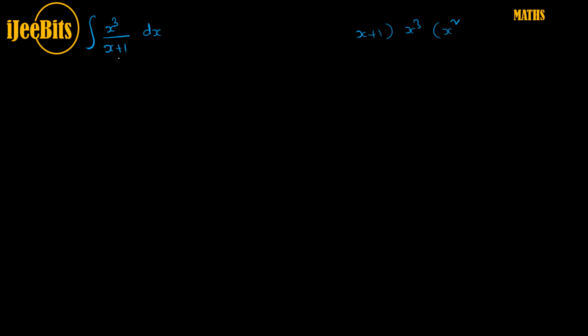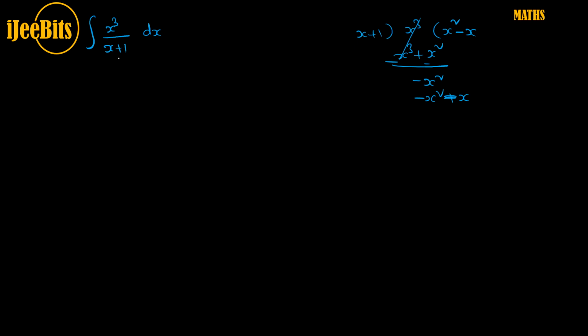And you can start factorizing. So multiply x square with x plus 1: x square into x is x cube, plus x square into 1, x square. Subtract, done, minus x square. Next, maybe x times. So minus x times x is minus x square, minus x into 1 plus x.